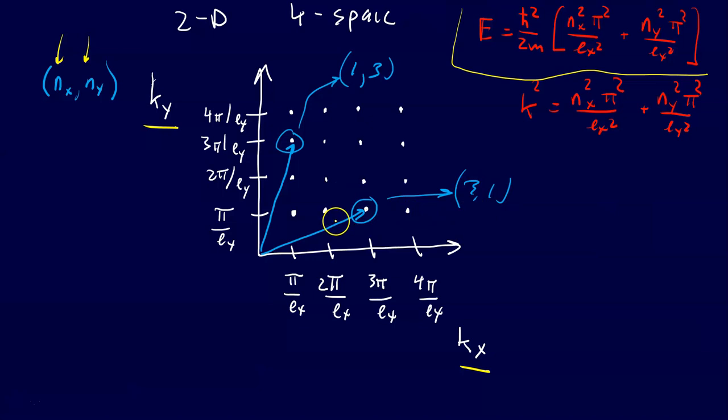Each little point tells you one of those. And if you look here, you can think about this arrow as being the K arrow. Here's the K arrow for this particular case. The length of that K arrow in terms of this space would be nx squared pi squared over Lx squared, plus the same one for the ny.